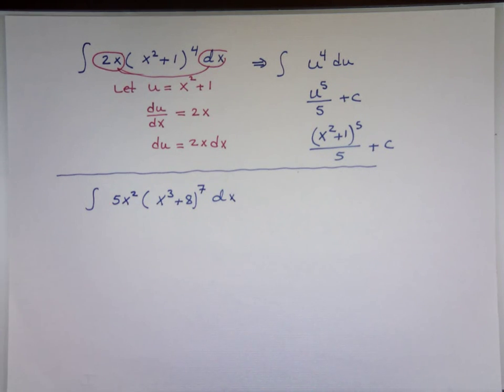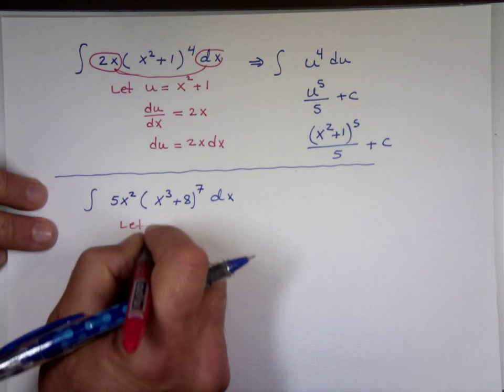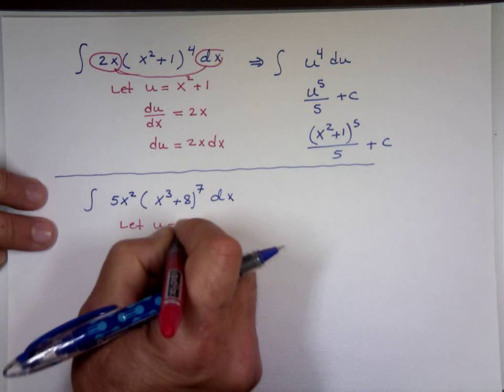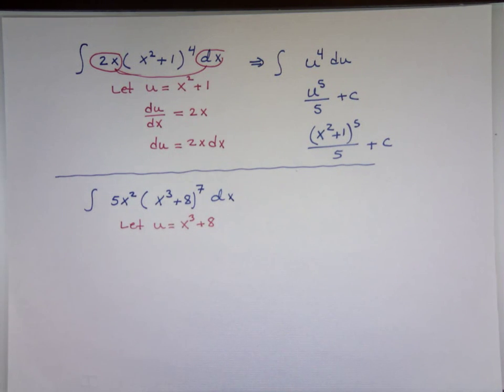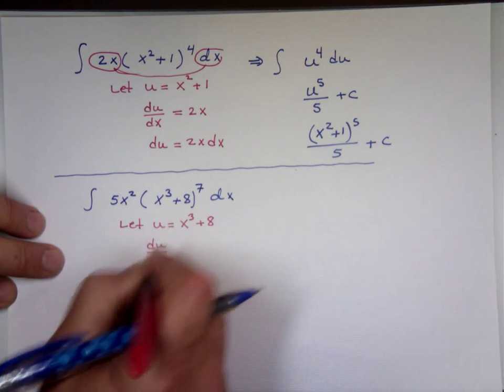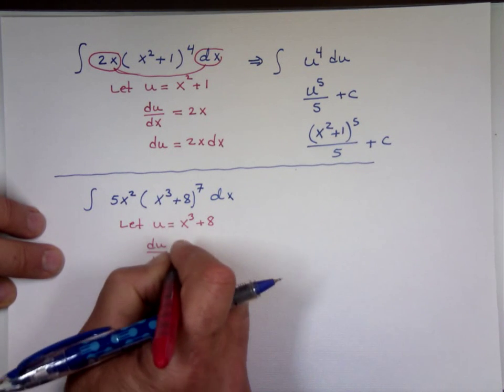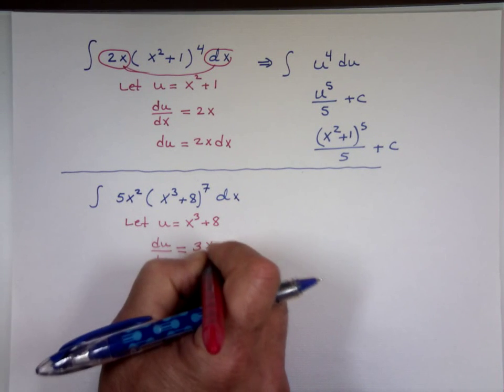So here we go. Let u equal x cubed plus 8. The derivative of that, du dx, equals what? 3x squared.